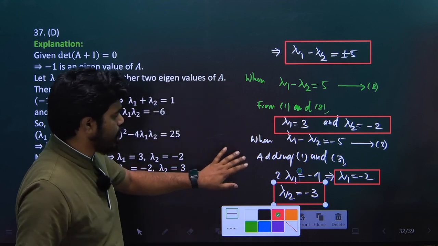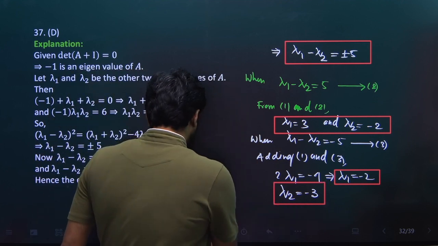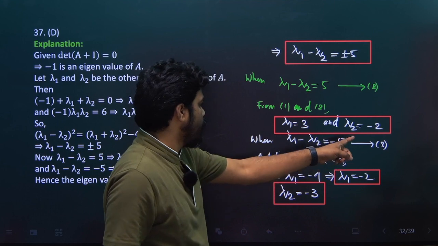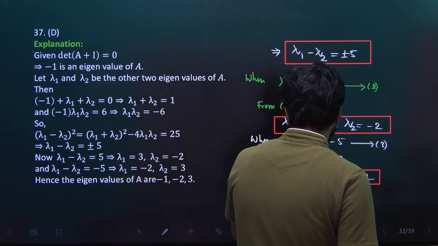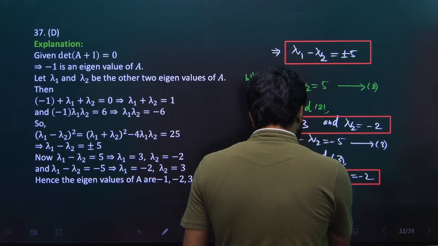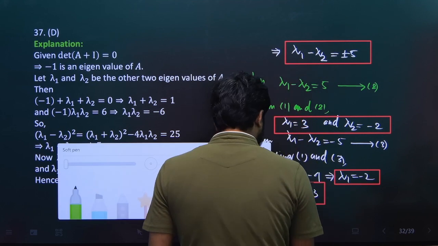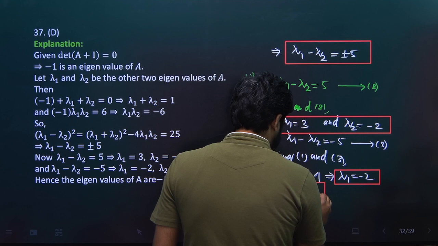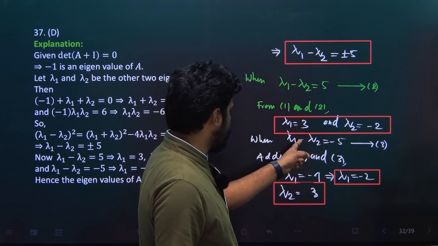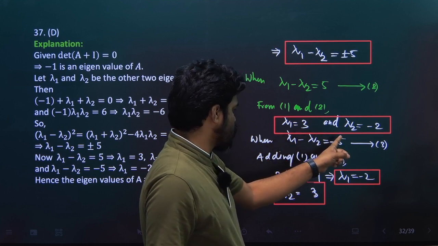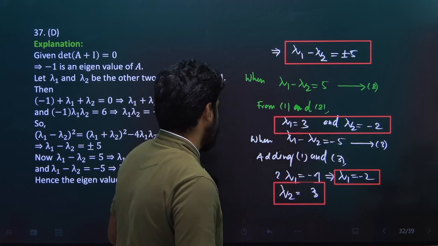So what are the eigenvalues? The eigenvalues are -2, this will be 3. Lambda 1 is equal to -2, so this will be 3.